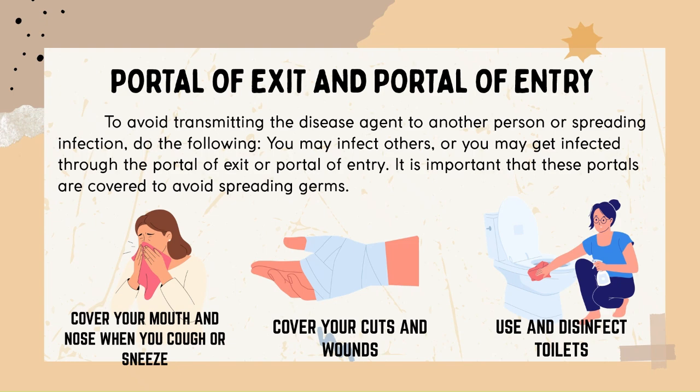So it is important that these portals are covered to avoid spreading germs. For example, you need to cover your mouth and nose when you cough or sneeze. Cover your cuts and wounds with clean bandages. Use toilets properly and keep them clean and disinfected. By doing this, we prevent germs from escaping and from getting into other people's bodies.